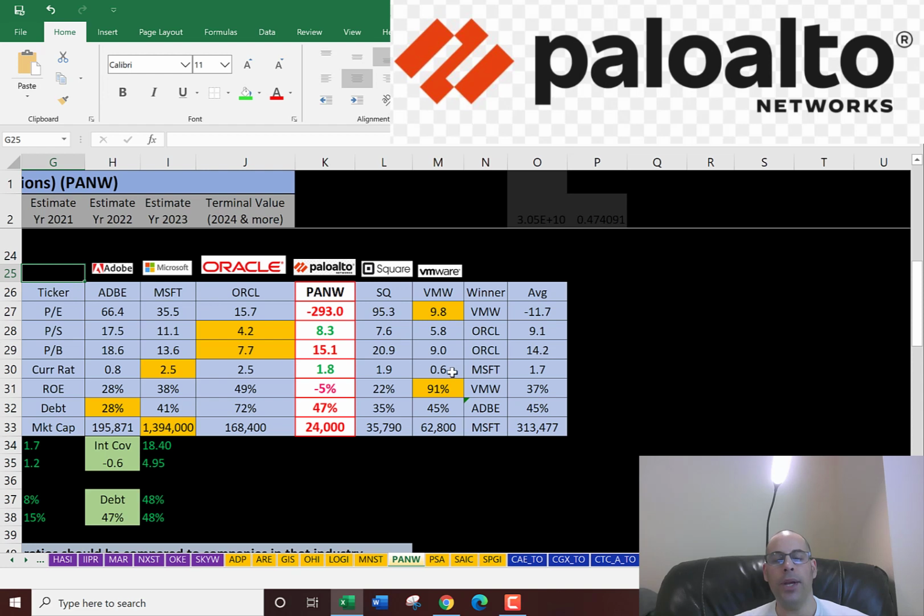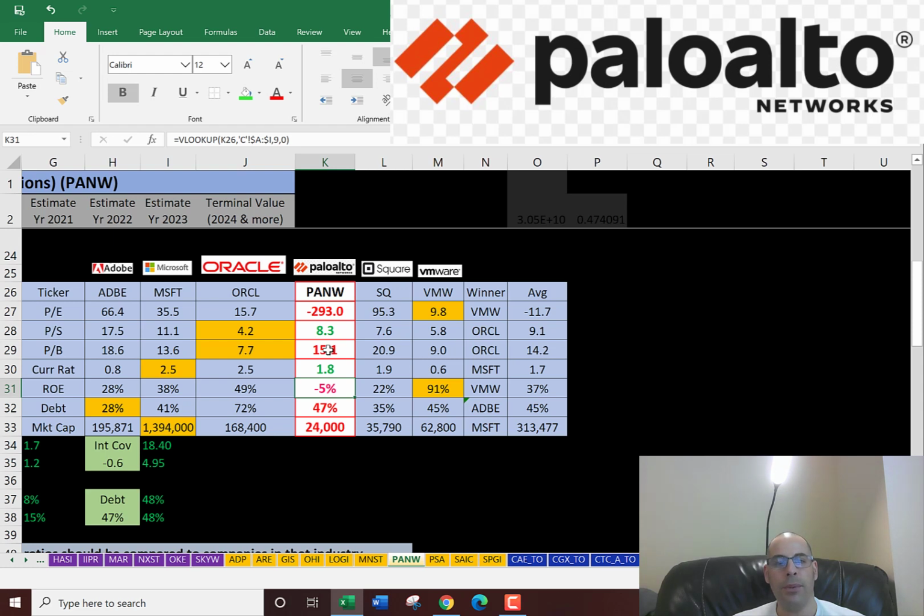The best way to look at ratios is to compare them to similar companies. And I've done videos on Adobe, Microsoft, Oracle, Square, and VMware. And they are all in the same industry as Palo Alto. And if Palo Alto is in red, that means they're worse than the average. If they're in green, they're better than the average. So they have negative PE, so obviously they're worse than the average. They're better than the average in price to sales.